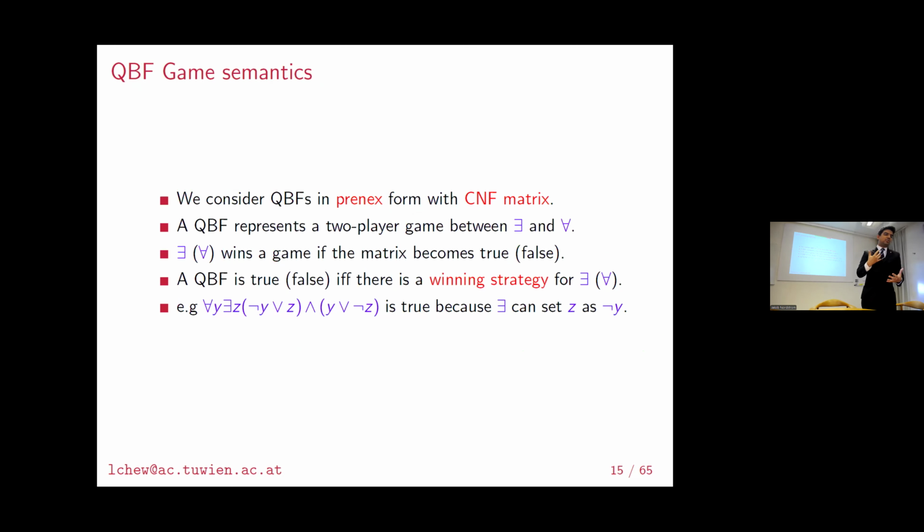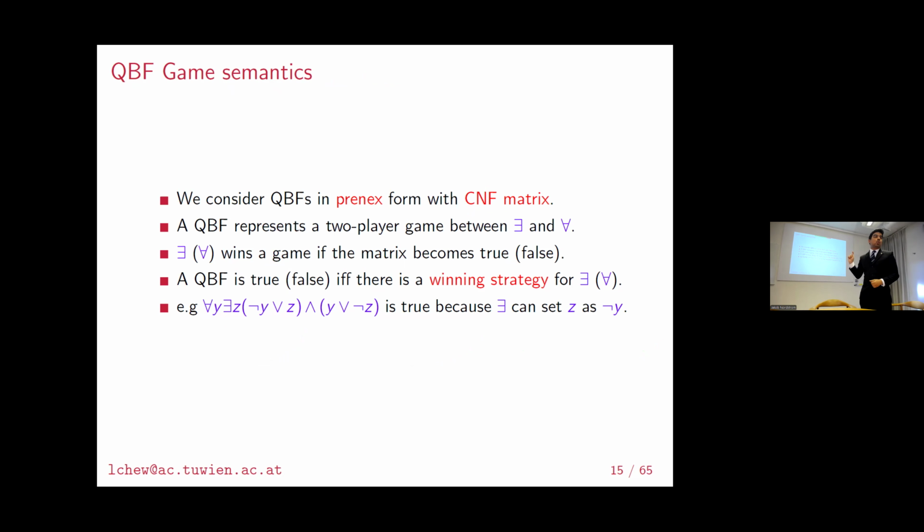Before we get on to strategy extraction, I should talk about the game semantics for QBF. I introduced QBF via these quantifiers and what they mean via expansion. There's an alternative way of understanding QBF, and that's only for QBFs that work in prenex form with a conjunctive normal form matrix. A QBF actually represents a two-player game between an existential player and a universal player. The game works in the order of the prefix, so you start from left to right.